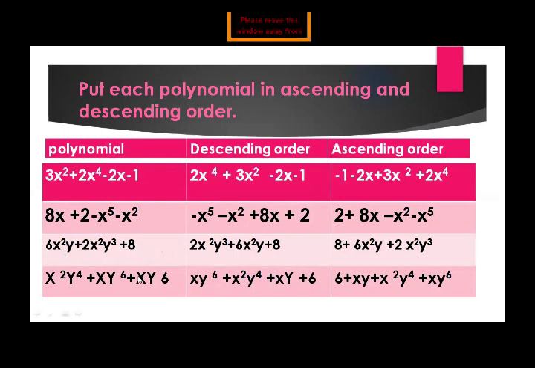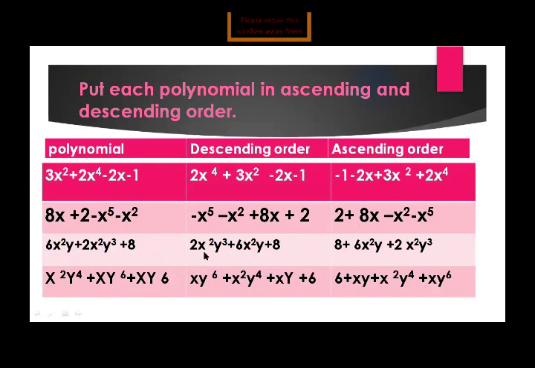There is no particular instruction, so we are free to arrange our polynomial with respect to x or with respect to y. But we observe that x has equal exponent, that is x squared and x squared. So we will move towards y whose exponents are different. So we will arrange our polynomial with respect to y.